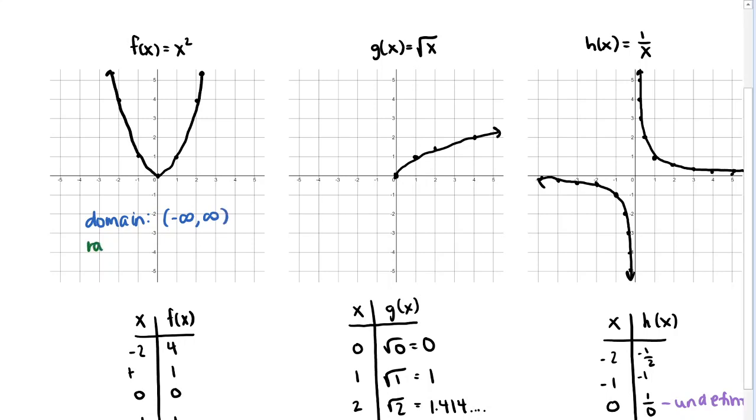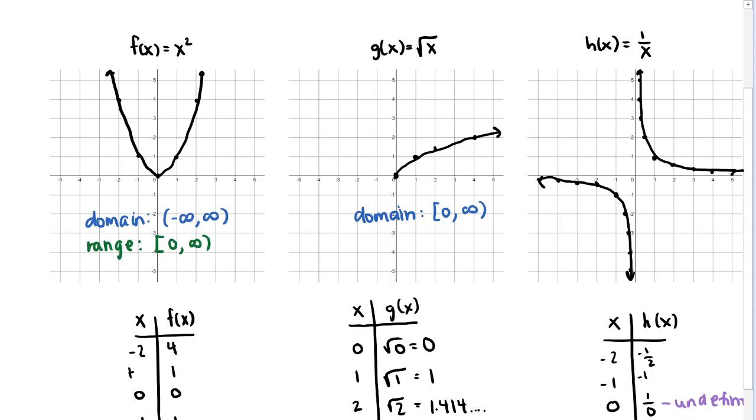The range, though, this is a squaring function. It's never going to give us a negative result, and so here we get 0 to infinity. What about this square root function? We saw that we can't plug in a negative number into this function and get a defined real number value, and so here the domain is from 0 to infinity.